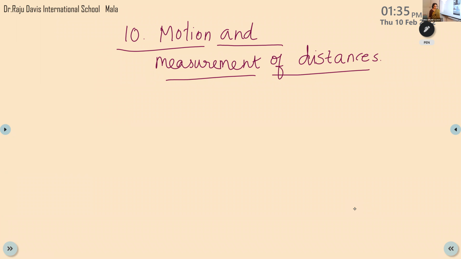Motion is a movement when we move from one place to another. Yes, motion means a person moving from one place to another with respect to time. Then we can say that the object is moving.